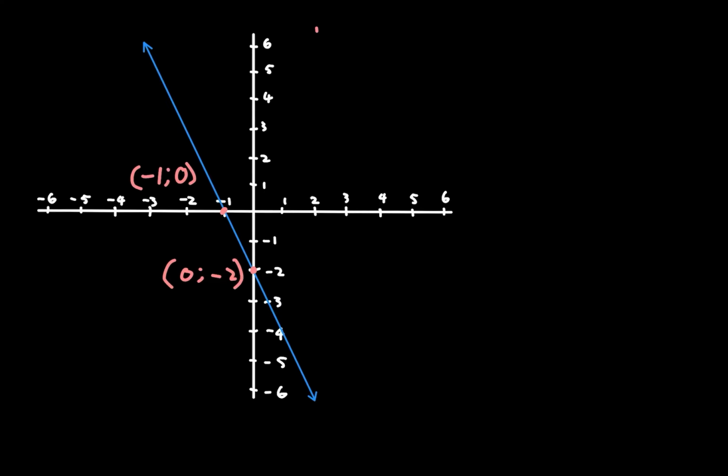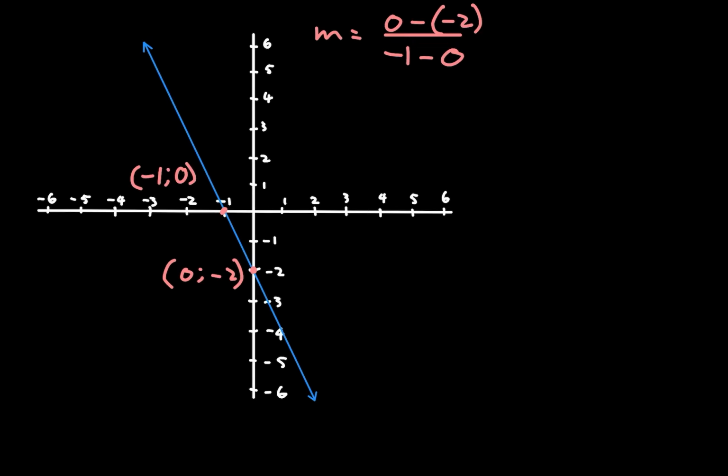So if we go and calculate the gradient, we can say it is 0 minus negative 2 over minus 1 minus 0.